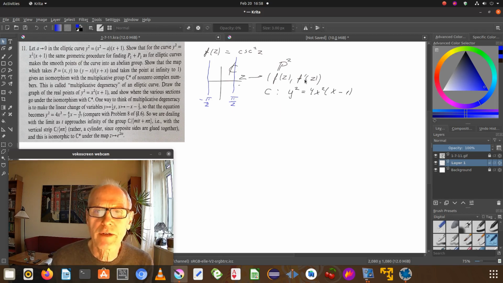That means that every line will intersect it three times, but that's Bezout's law. So we need to show that the sum of the set of solutions to the equation of intersection vanishes. That's the same way as we did it in the section. I've just forgotten about it in the meanwhile.